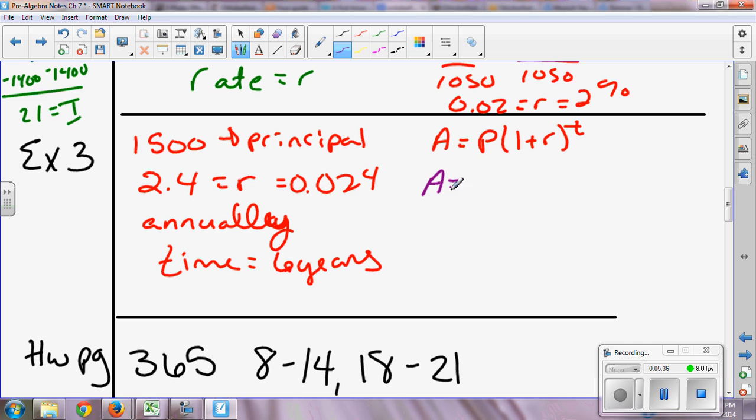So I'm looking for the balance. I have a principal of $1,500. I have a rate of 0.024. And I have a time of 6 years.